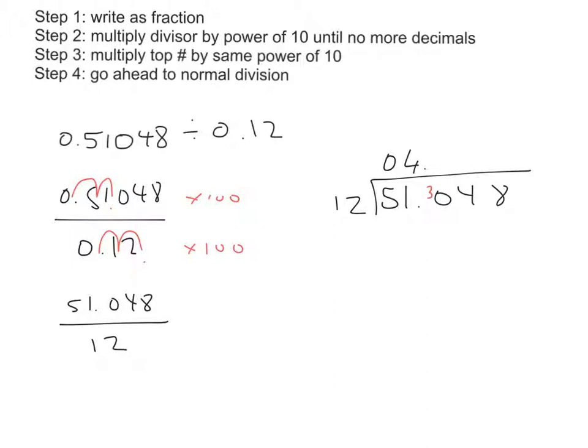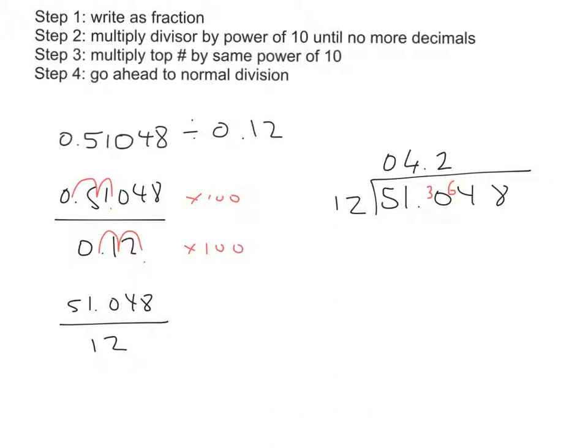Alright, so next question is how many times does 12 go into 30? We know that 12 goes into 30 at least twice, because 12 times 2 is 24. So 30 minus 24 is 6, so the remainder is 6, which goes next to the next place value.